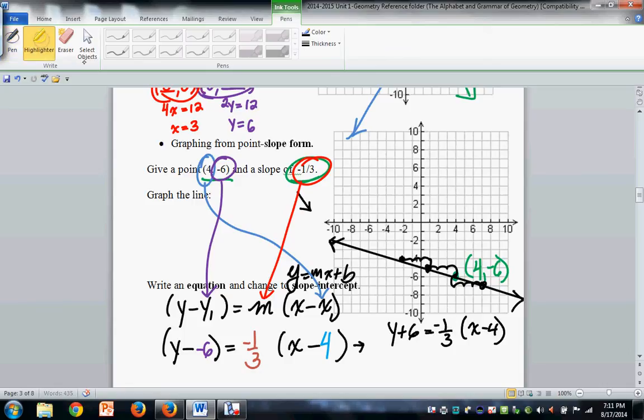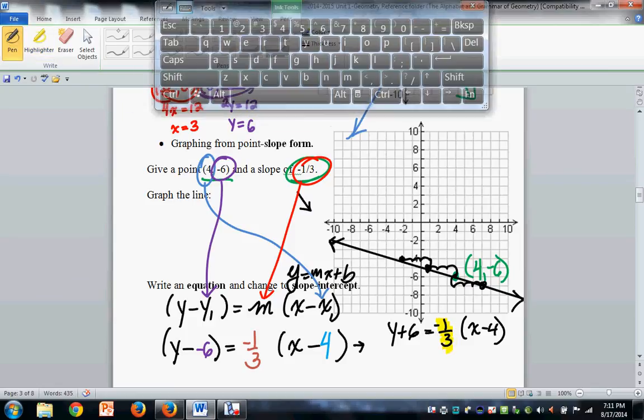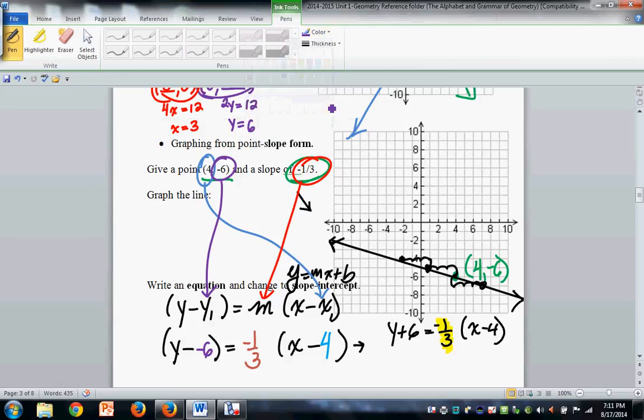Now you could distribute that 1/3 if you wanted to, but I'm going to suggest instead of distributing fractions, let's just get rid of the fraction by multiplying everything by 3 right off the bat. So I'm going to come up here, I'm going to multiply everything by 3. Put parentheses. So the 3 is going to distribute here, here, and here.